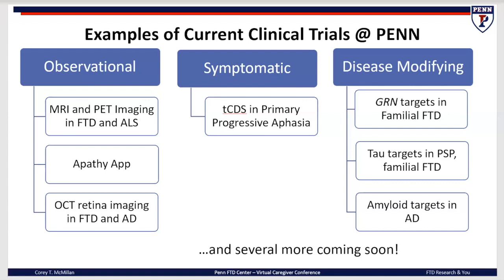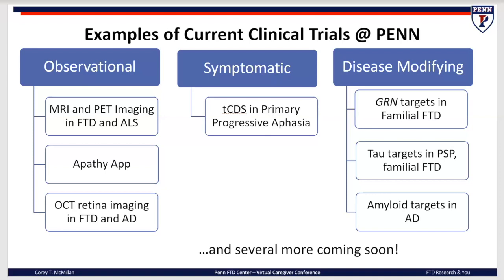We're also involved in several disease-modifying therapy trials. These are different. These are attacking the biology of the disease with the ultimate goal of trying to slow or stop the disease. Currently we have a clinical trial for progranulin families, targeting the mechanism of progranulin genetics in the development of FTD.